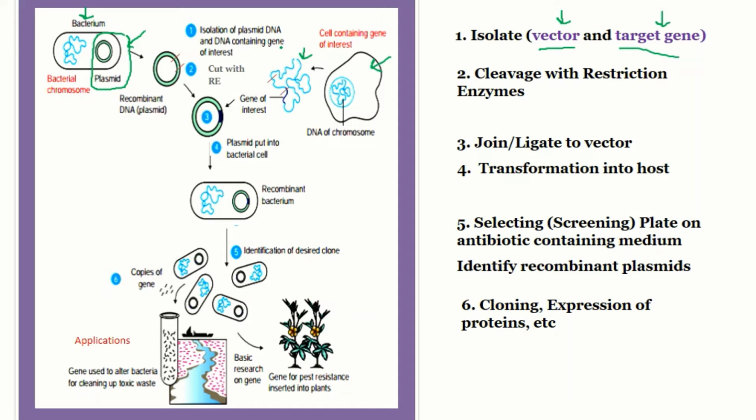Next, step number 2, cleavage with restriction enzymes. So we have now our plasmid, which is circular, and we have our very long DNA, from which we need to get the gene of interest. So we get a restriction enzyme, which we'll be looking at in more detail, but these enzymes usually cut at specific locations, and we cut, you can see here, our plasmid so that we can remove a section, usually at a cloning site.